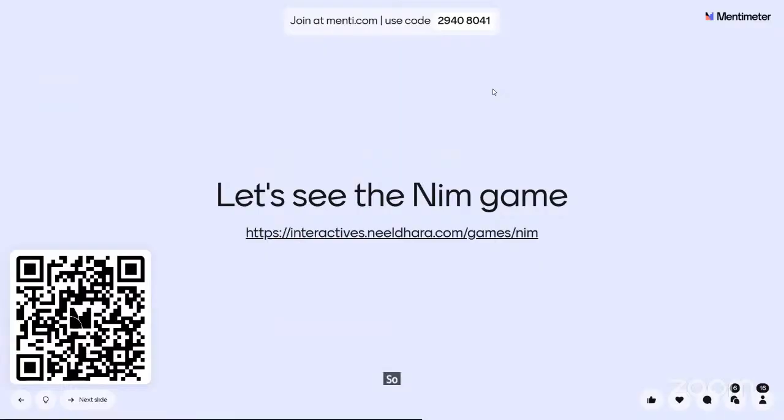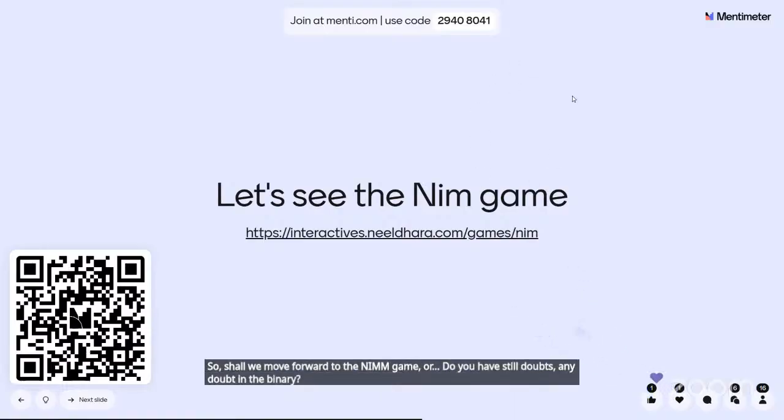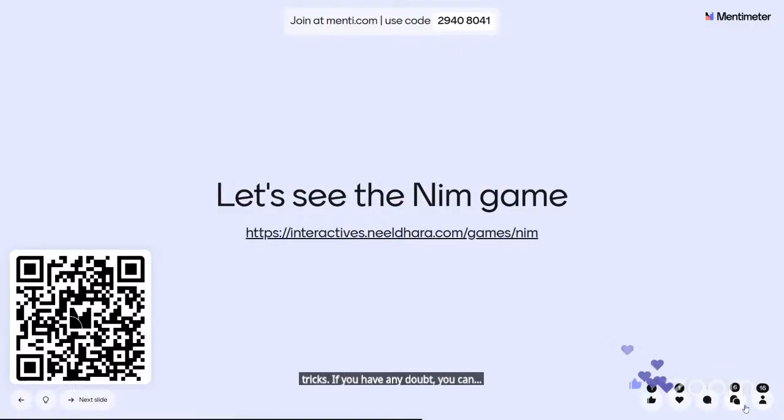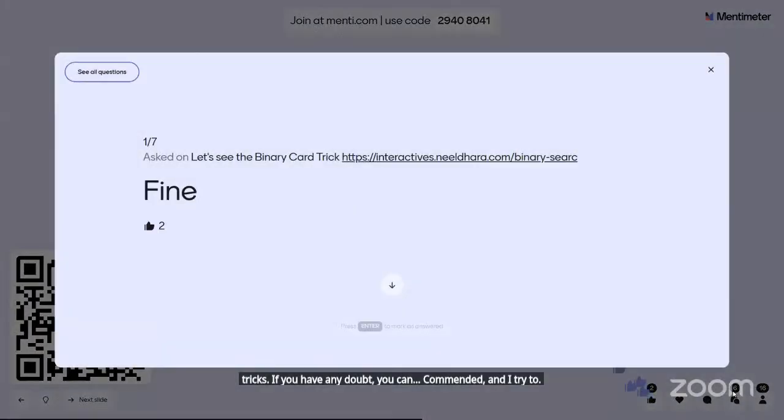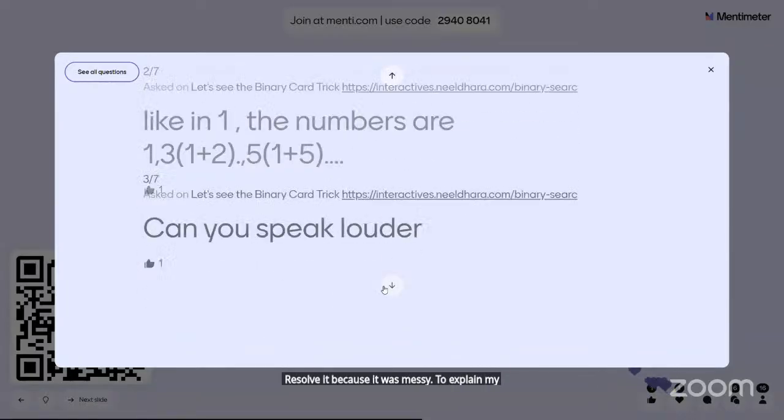So shall we move forward to the NIM game, or do you still have doubts? Any doubt in the binary tricks? If you have any doubt, you can comment that and I'll try to resolve it, because it was messy for me to explain the binary card trick.